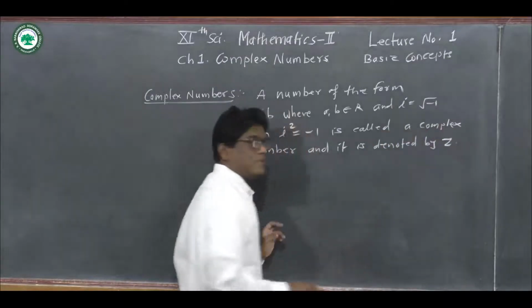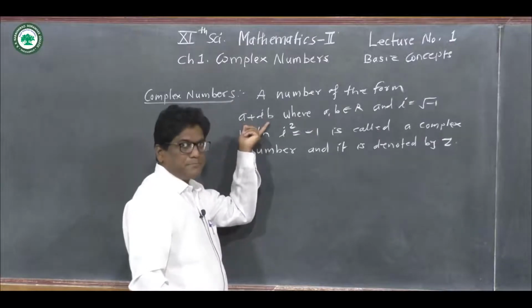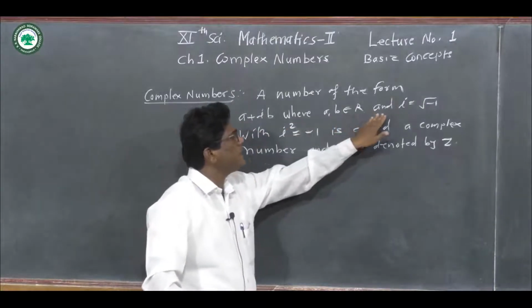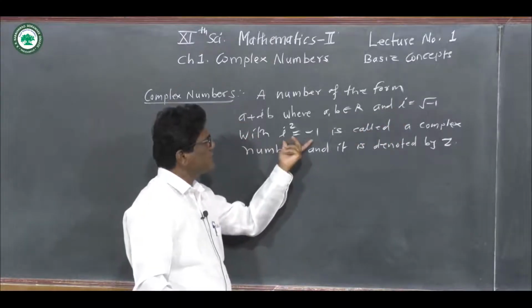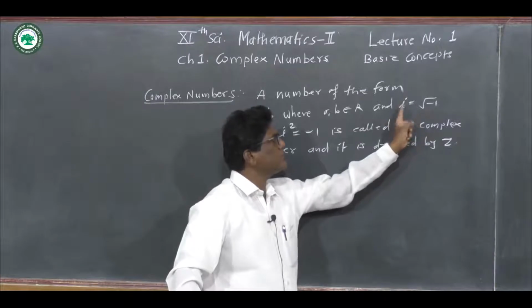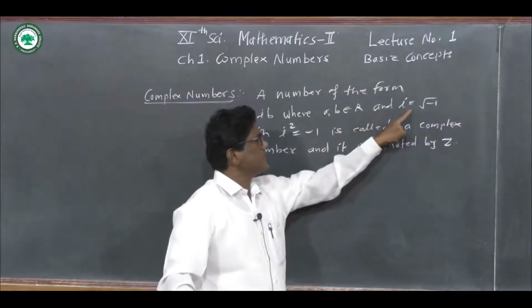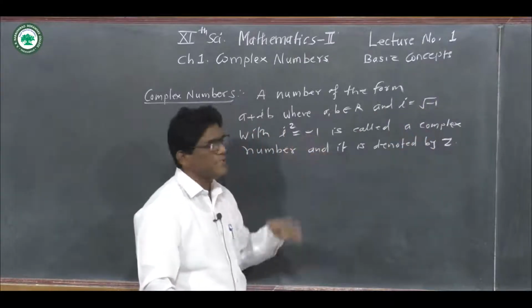Z. See here, a number of the form a plus ib, where a, b are nothing but real numbers, and i is equal to under root of minus 1 with i square is equal to minus 1. If we square this equation on both sides, we get i square is equal to, on the right hand side, root of minus 1 square, root and square get cancelled, so it is equal to minus 1.